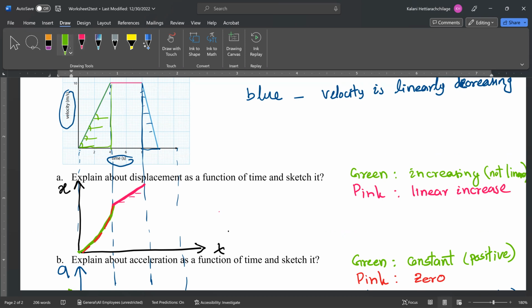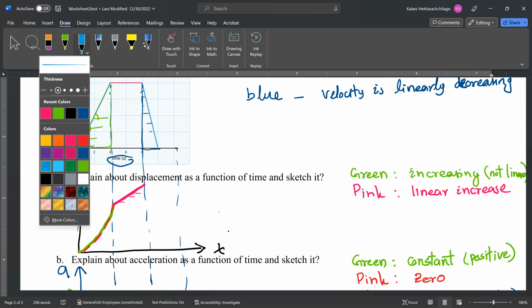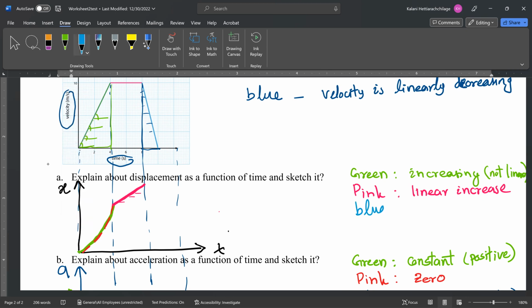Okay, so now my last one is blue, right? So now last one, what you should see in your displacement. So your velocity has negative slope. So that means I definitely know that my displacement graph should be giving me the decrease in slope.